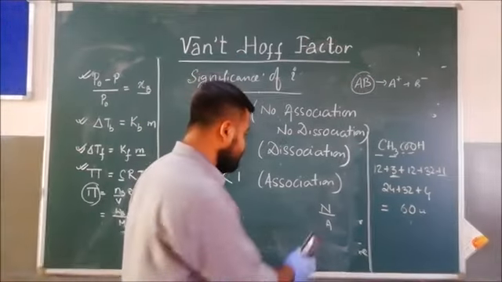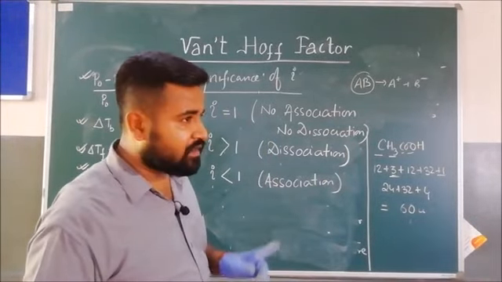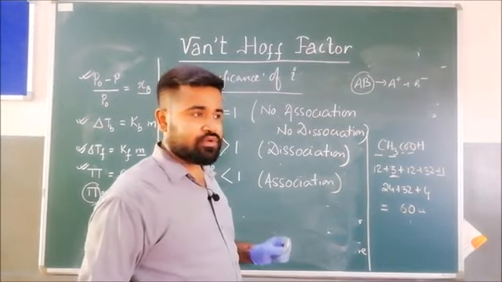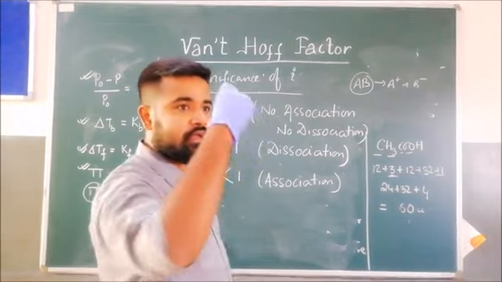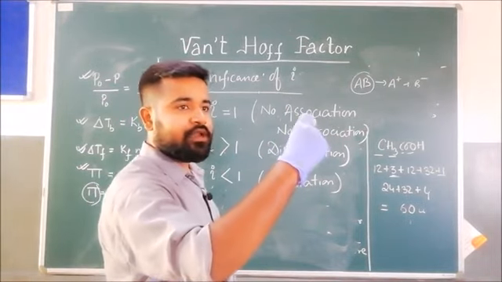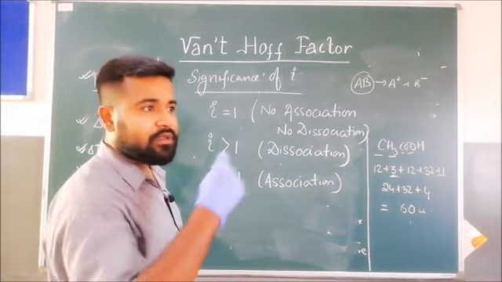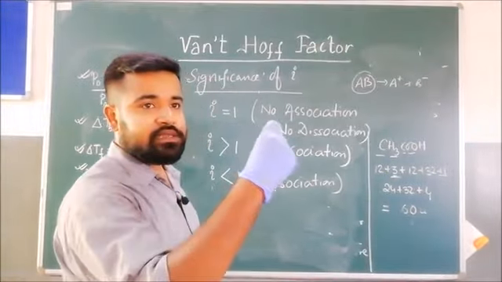And another thing to remember: if i is greater than 1, then dissociation. So you have to put the values like that. If there is dissociation, the numerator will be greater than the denominator. If there is association, the numerator is smaller.